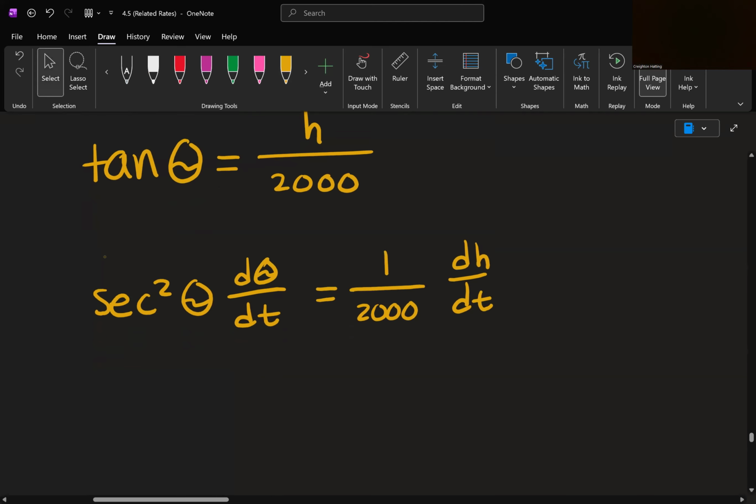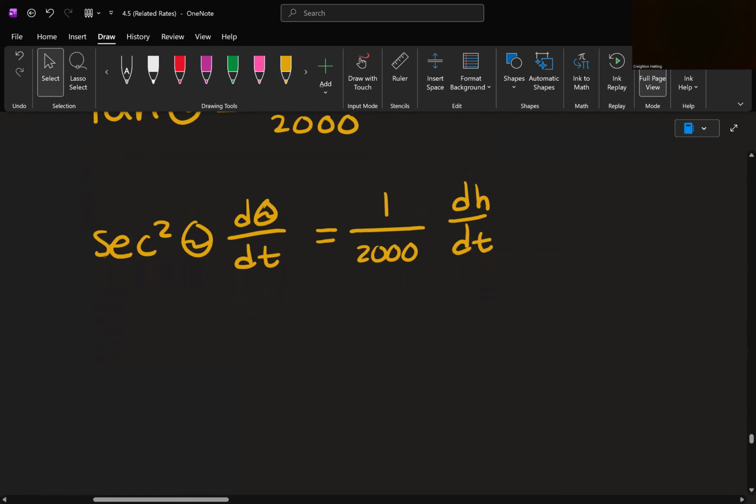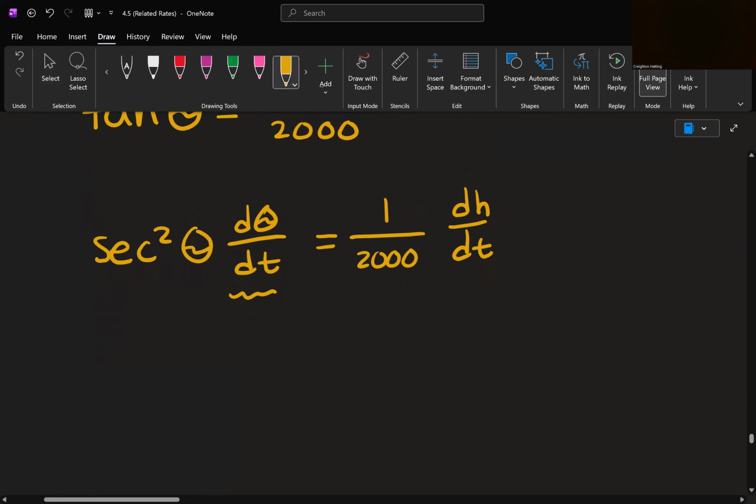Okay, now I have dθ/dt here in my expression, but let's get it by itself so that we can solve and find its value.